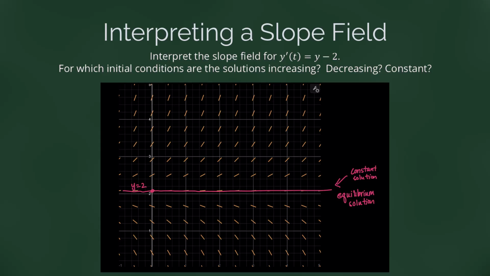When we look above y equals 2, we can see that if we were to pick any initial condition, let's pick this one here, and we were to track those tangent lines, we would get something that looks like this, which is increasing. And that's going to be the case for any initial condition we pick where y is greater than 2. So we see that for y greater than 2, our solutions are increasing.